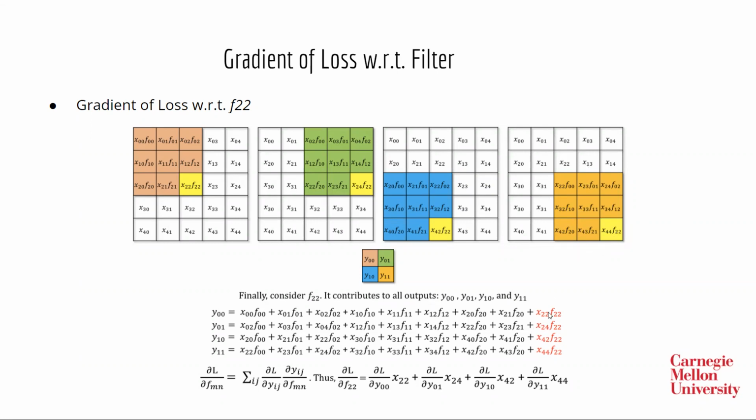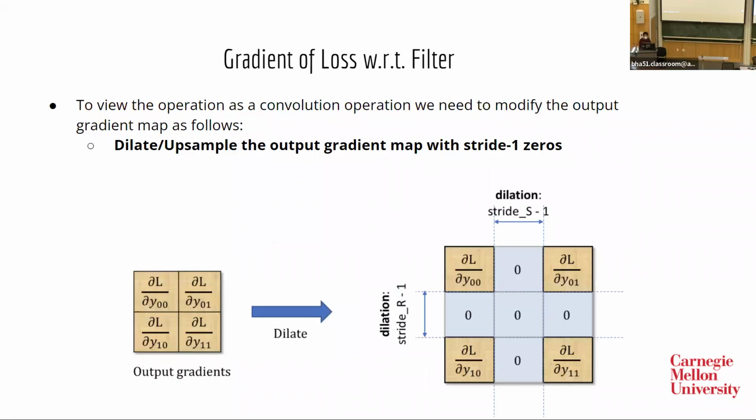So what we can do in order to view this as a convolution is dilate or upsample our output gradient map with zeros. So we are dilating it with stride minus 1. Our stride was 2, so 2 minus 1. So 1 zero is going to come in: 1 row of zeros and 1 column of zeros.